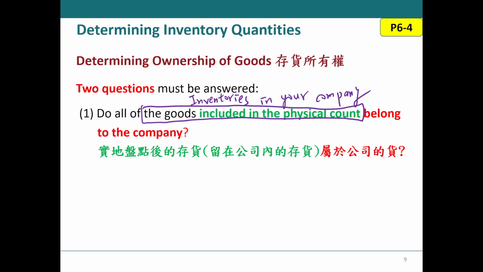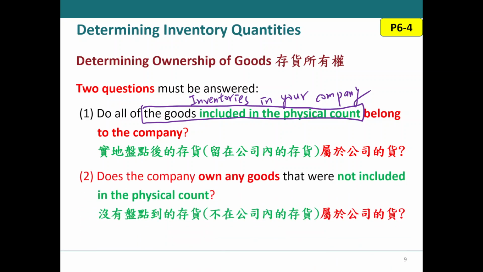Next situation is inventory not included in the physical count. What does it mean?